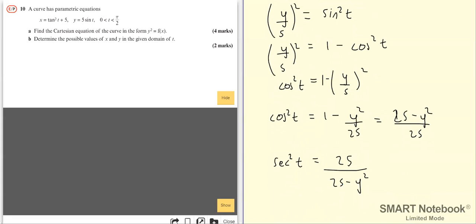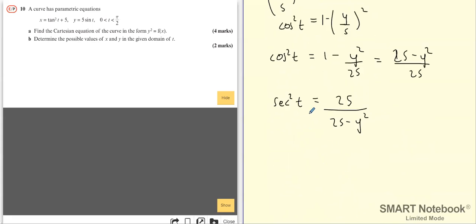Right, okay, so now that we've got sec squared t, and we said we are going to use 1 plus tan squared t equals sec squared t. This is what we have so far. 1 is a constant, that's fine. We worked out tan squared earlier was x minus 5.